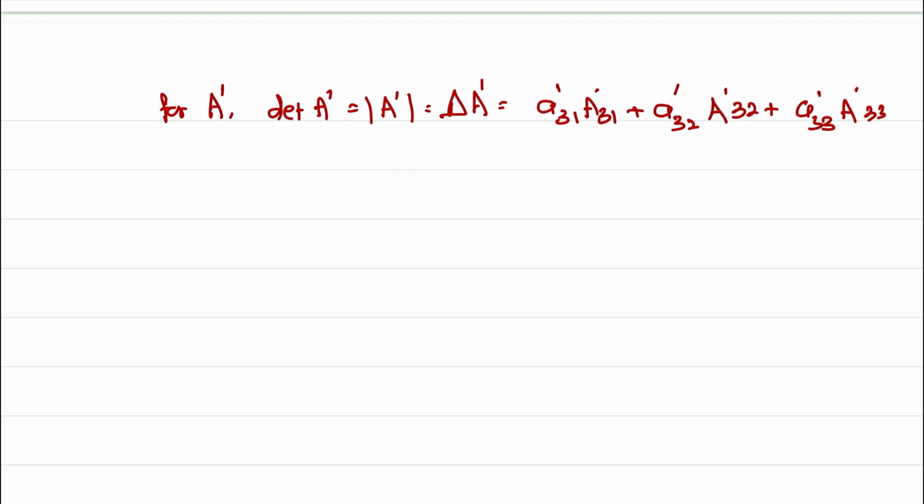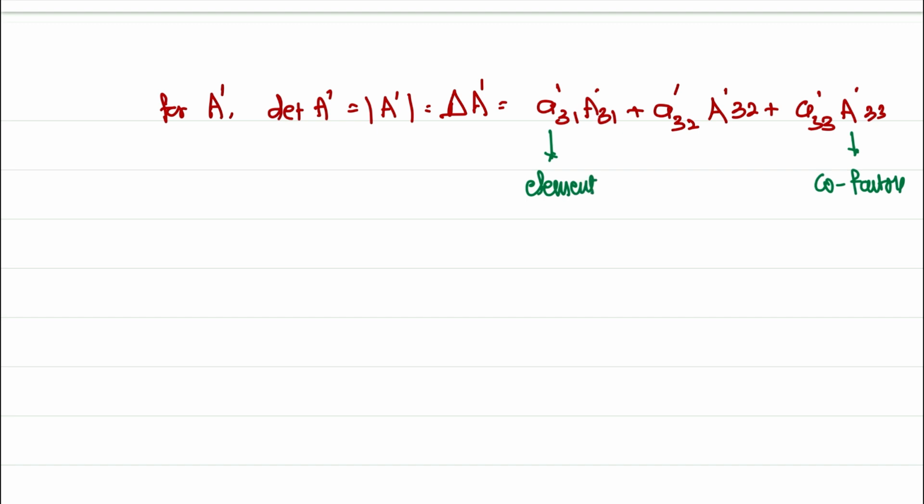These are all cofactors which I have explained in the previous lectures. Please refer to them. When dealing with A inverse in the last class, I explained what the cofactors are. And this is the element.